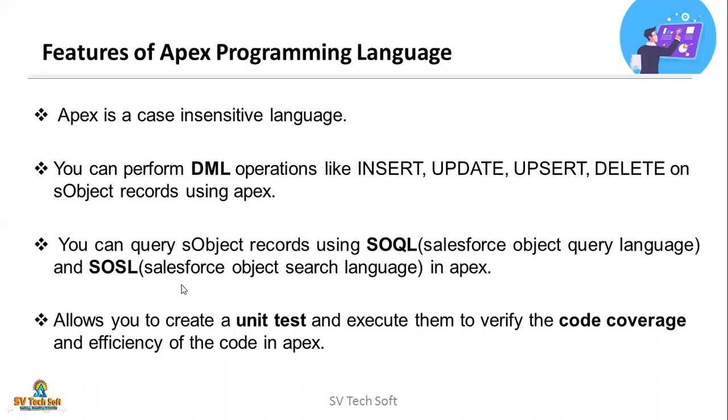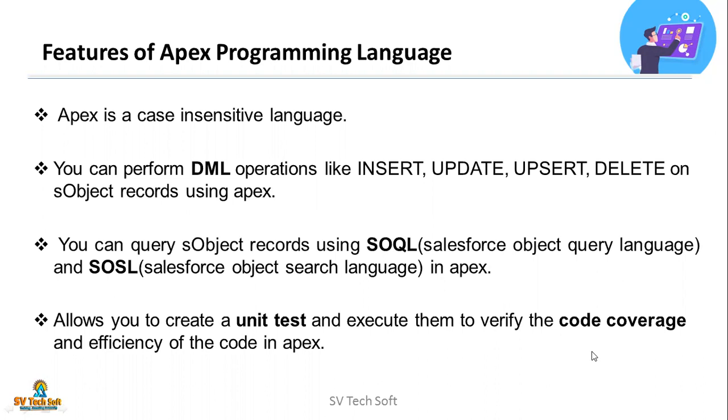Another thing is, Salesforce Apex allows you to create unit tests. A unit test is nothing but a way to execute or verify the code coverage. Basically, you check the efficiency of the code in Apex. Basically, we use this code coverage while doing deployment. Deployment is nothing but moving our code from your sandbox to production.